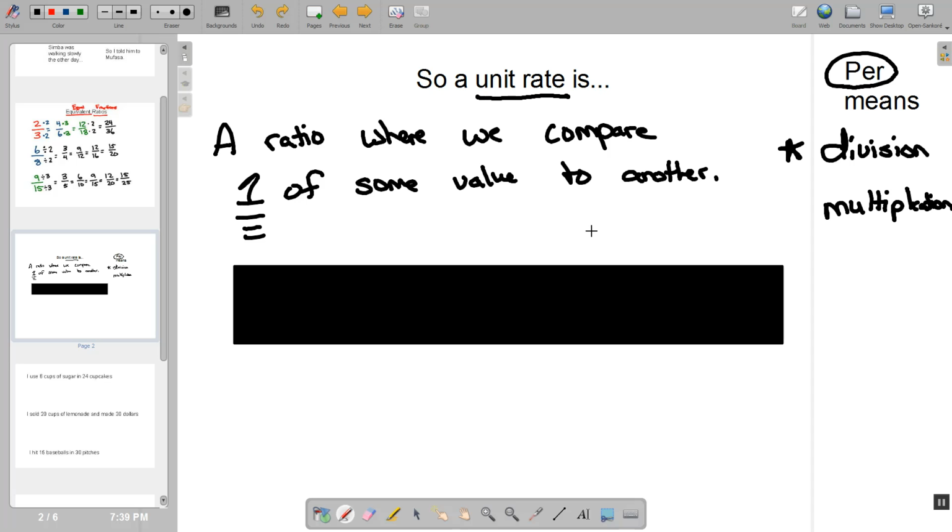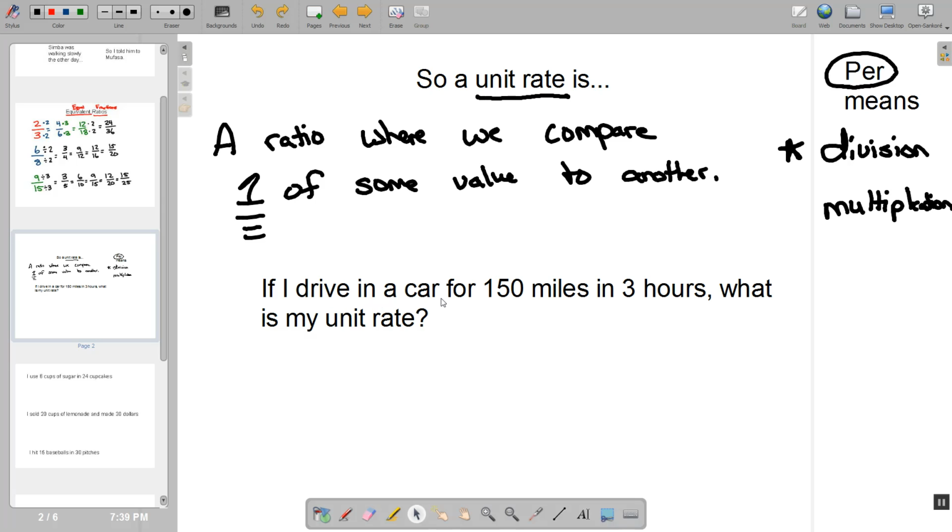So when we look at this situation, if I drive in a car for 150 miles in 3 hours, what is my unit rate? Well, I know the rate, 150 miles in 3 hours.